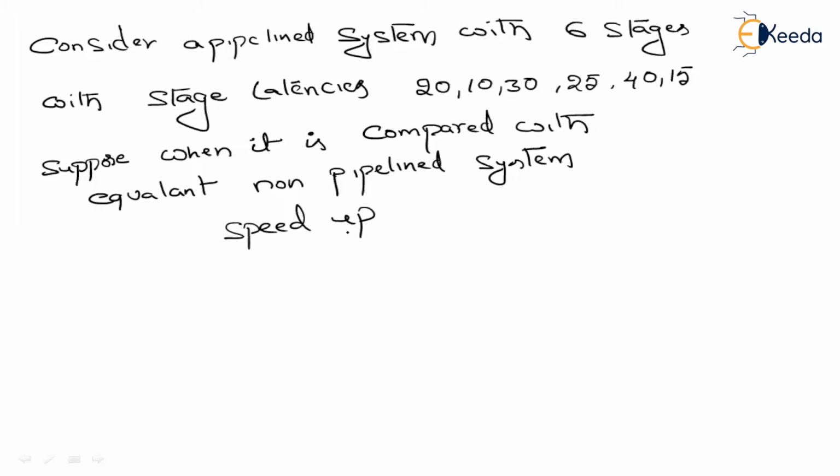The question is, we have a 6 segmented pipeline with the stage latencies 20, 10, 30, 25, 40, 50. Now, when we compare it with the corresponding non-pipeline system, what is the speed up?